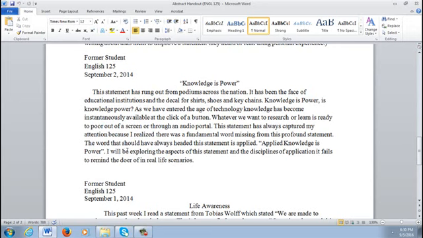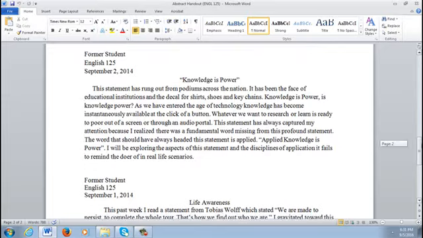If you read it out loud, I will be exploring the aspects of this statement and the disciplines of application it fails to remind the doer of in real life scenarios right there. So in that case, it would in fact be grammar and stylistic issues that are weakening it, and therefore, again, that is why this one is the check among the three.